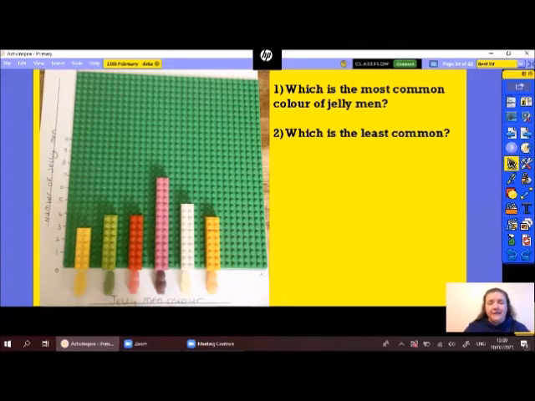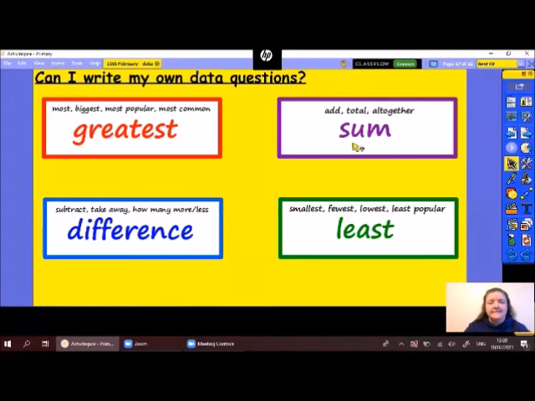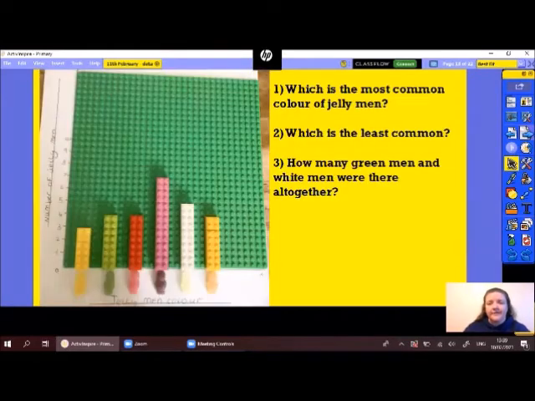The next bit of vocabulary we're going to look at is sum. So we're going to create a question where people have to add at least two parts together. So my question is, how many green men and white men were there all together? So I've used the words all together because that shows the person that I'm needing them to add them, to find the sum.